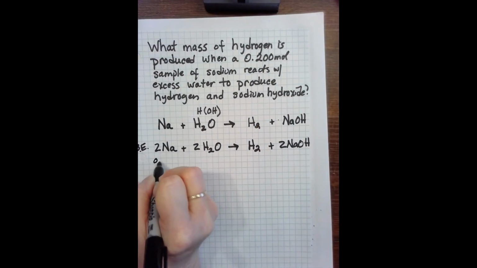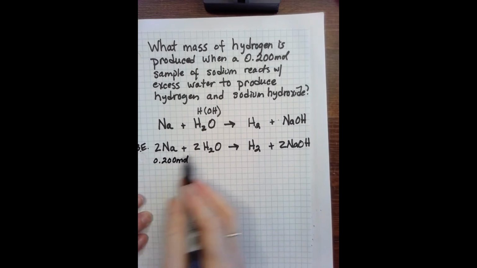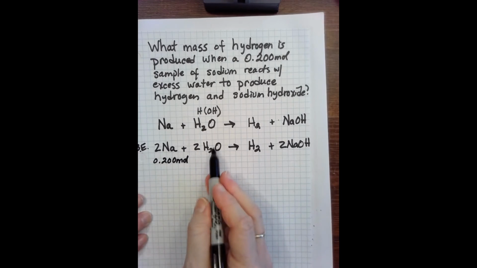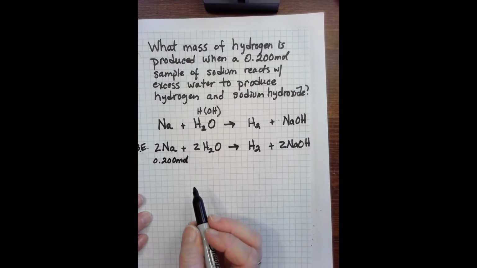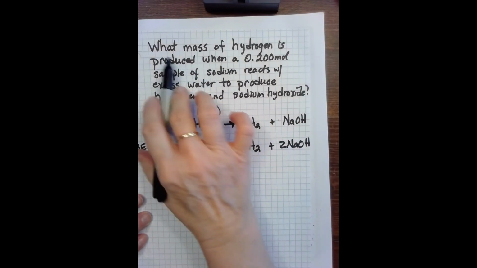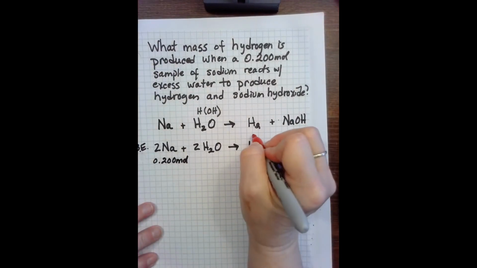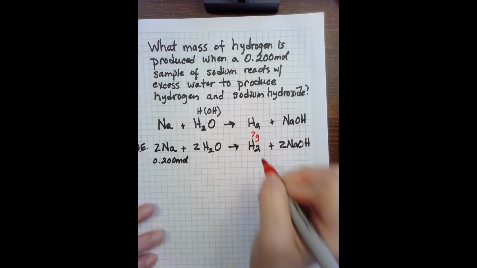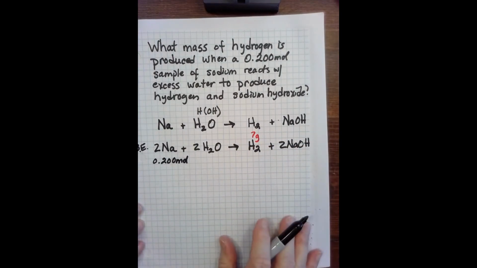So a 0.200 mole sample reacts with water, excess water, so I'm not going to run out of water, to produce hydrogen and sodium hydroxide. And it says what mass? So what mass of hydrogen means question mark gram of hydrogen.